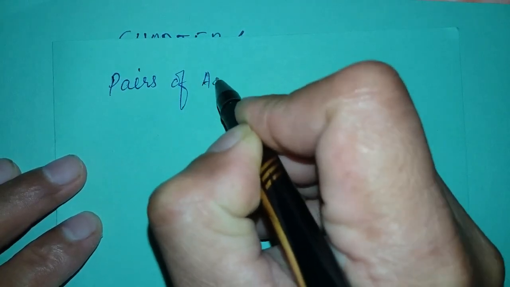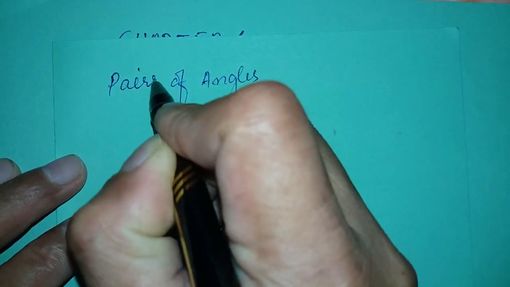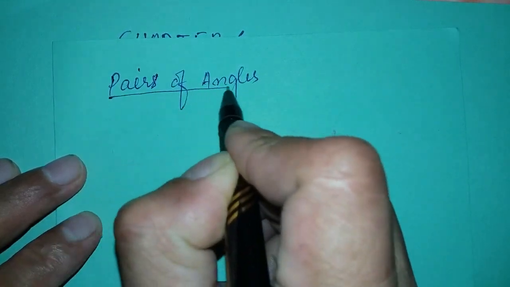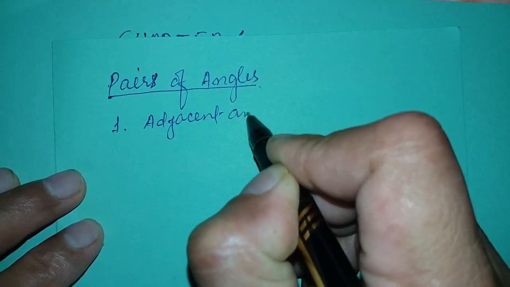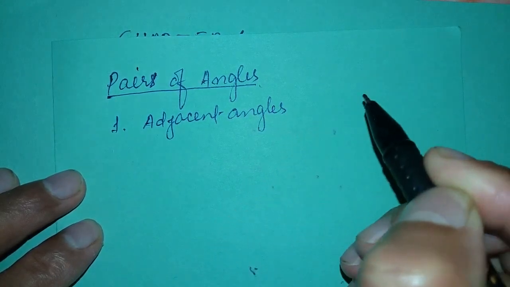Okay, now let's see pairs of angles. Adjacent angles.